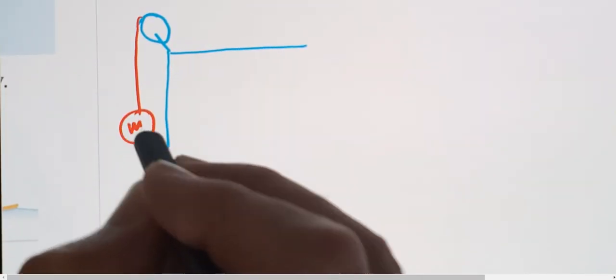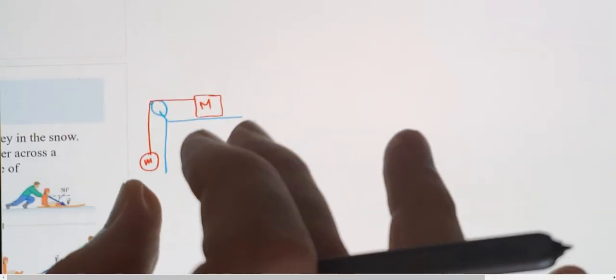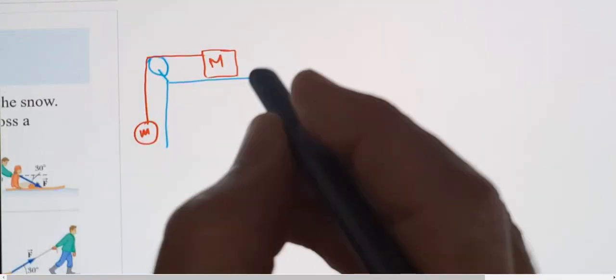So we have an object. And we have friction now.